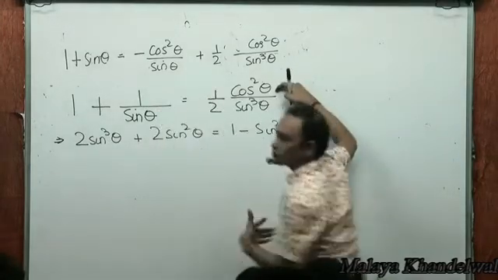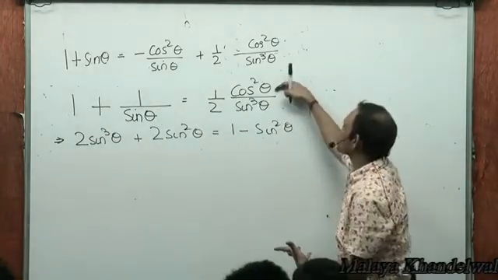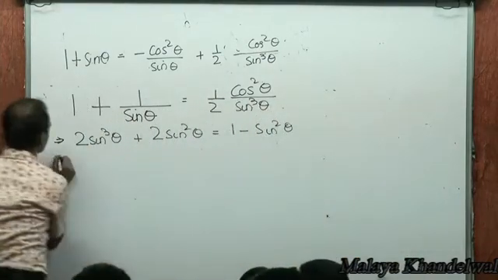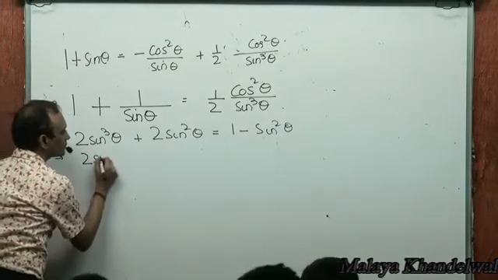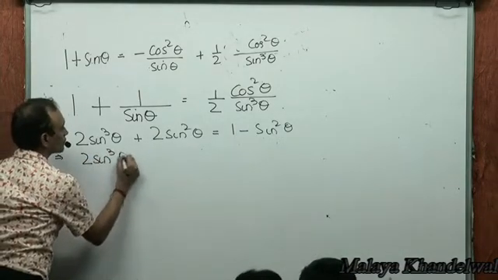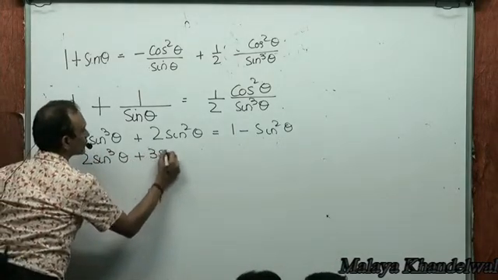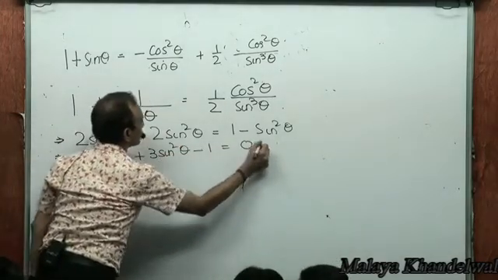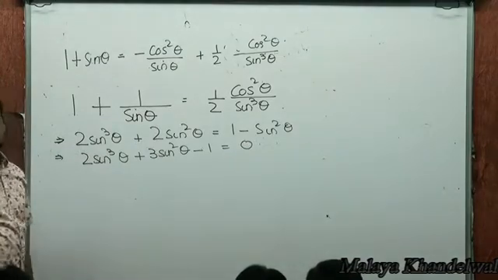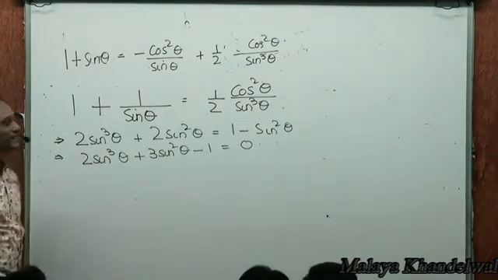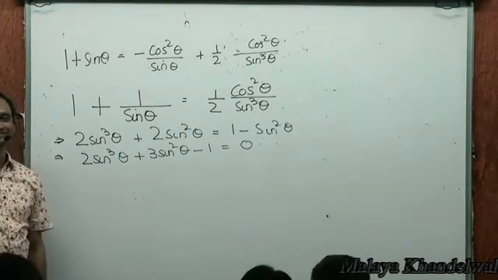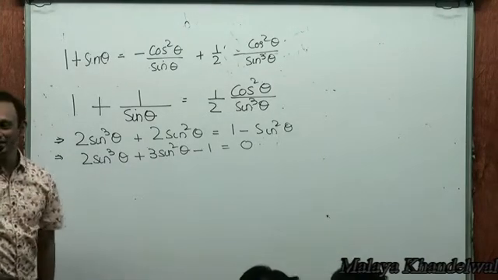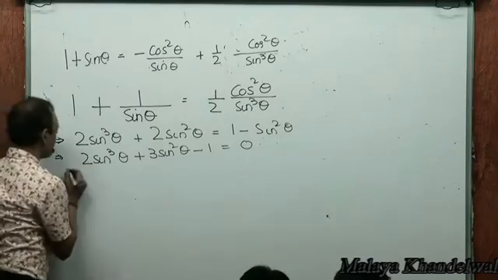This cos square theta, just to bring about homogeneity in looks, I write as 1 minus sin square theta. Good Lord. Cubic in sin theta to solve. Hurting, no? Try. What is there?